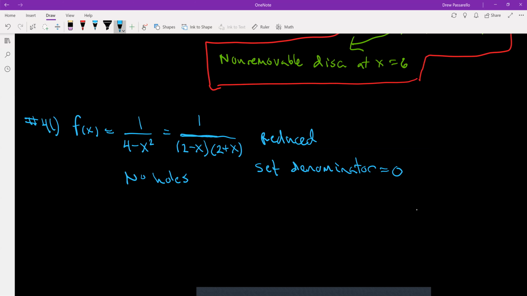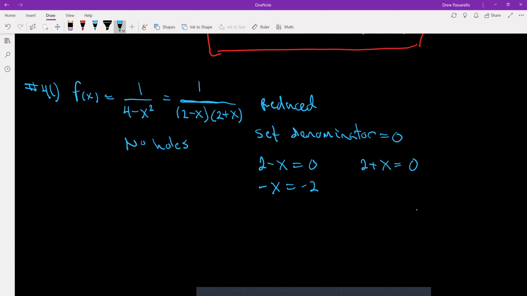So there are two options. There's 2 minus x equal to 0, then there's 2 plus x equal to 0. If I solve for x, for this one you subtract 2 from both sides, you get negative x equals negative 2. Then you divide by negative 1, so that's going to give me 2.